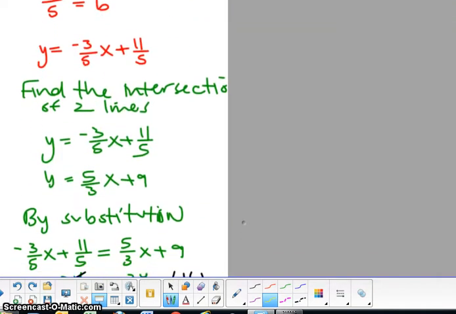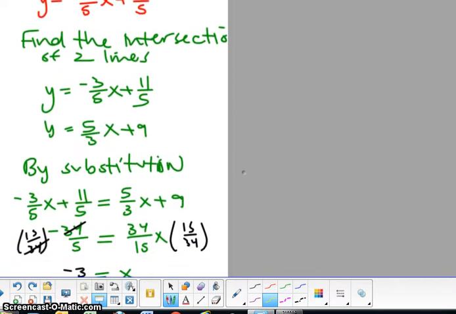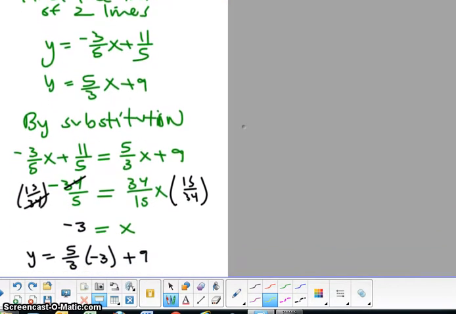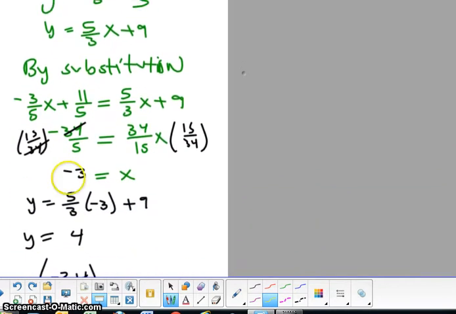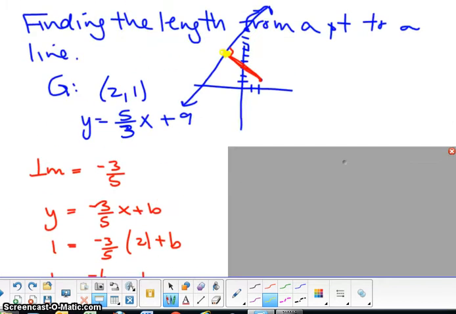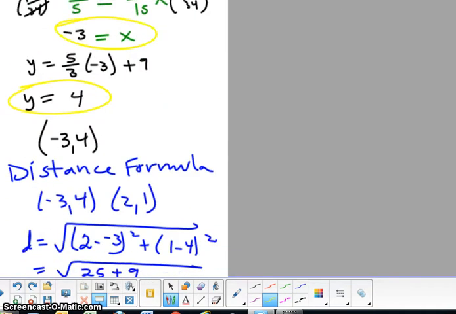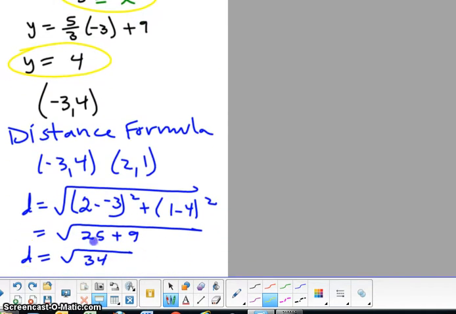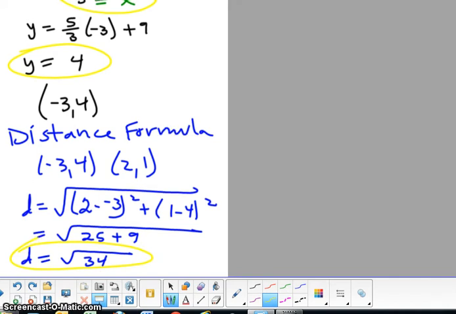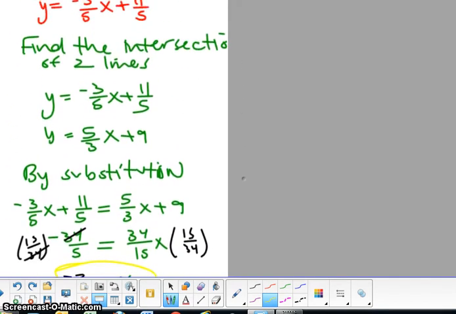Some of you may have chosen the RREF button in the calculator. I chose substitution, and I end up getting x equals a negative 3 and y equals 4. So now I can say that this yellow point is the intersection. And once we have 2 points, now I can follow the distance formula, which gets an answer of square root of 34. Okay, so that process, it took me a good 2 or 3, 4, 5 minutes.